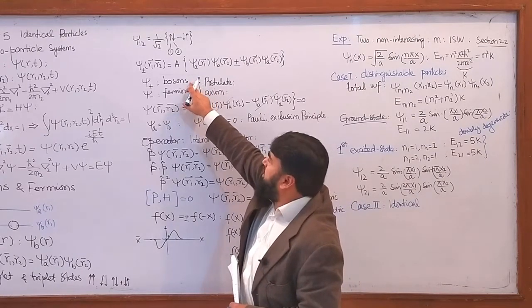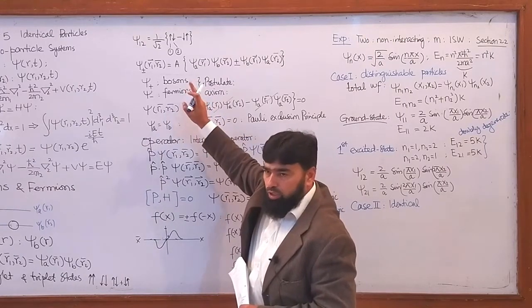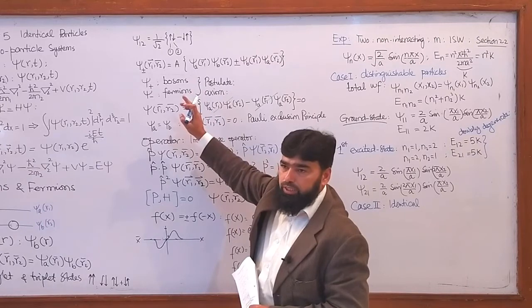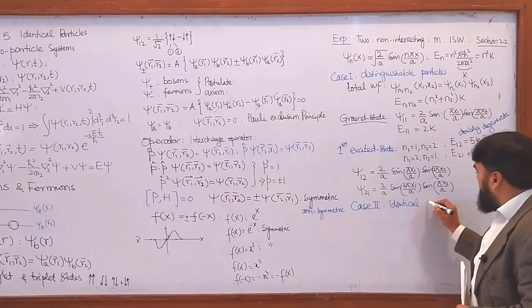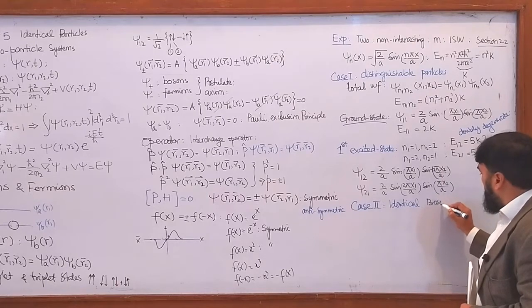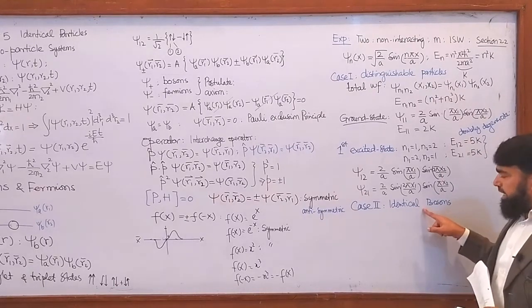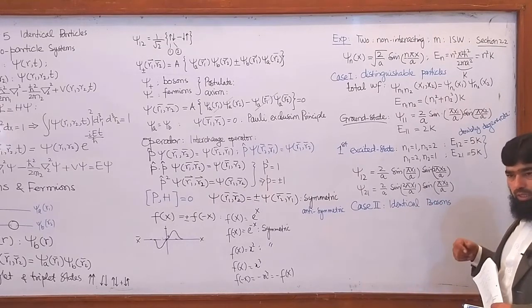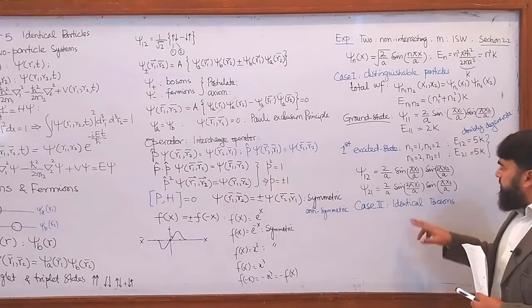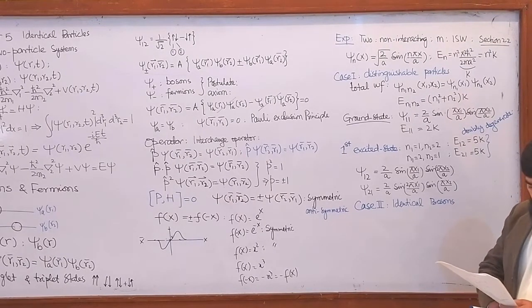So I will first consider bosons. Bosons and fermions are both identical particles, but first I consider identical bosons, and then I will consider fermions.